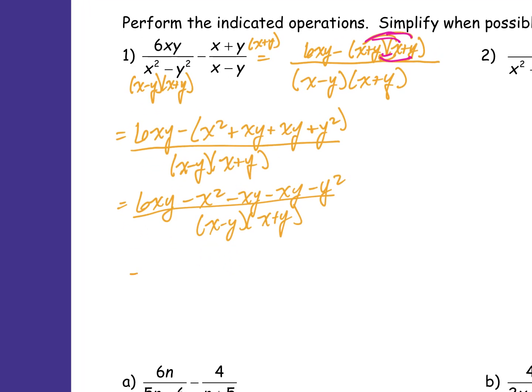So I'm going to end up with negative x squared plus 4xy minus y squared all over x minus y times x plus y. And that's it. Can't simplify it any further than that.